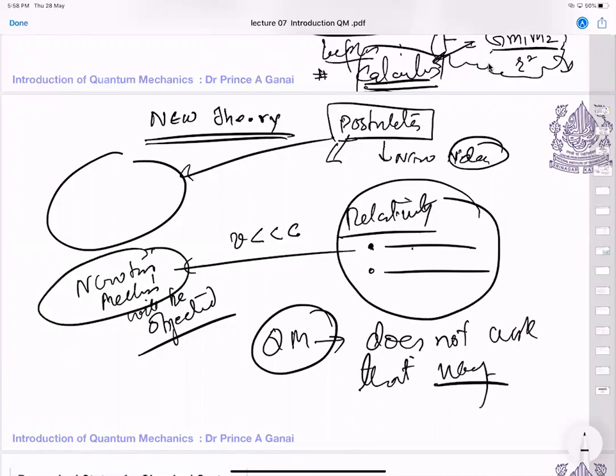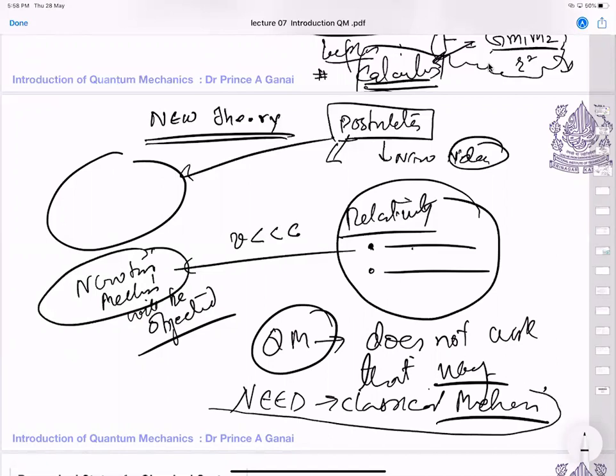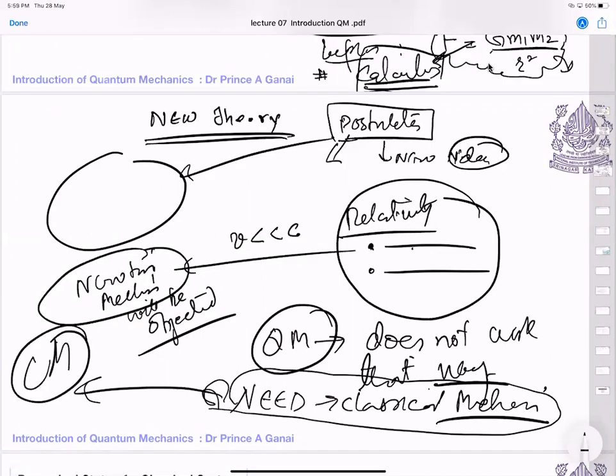In what way does it work? You need classical mechanics to formulate a quantum theory, right? So without the ingredients from classical mechanics, without the ideas of classical mechanics, one cannot develop quantum mechanics. And then, of course, you can also get classical mechanics as a limiting case of quantum theory.